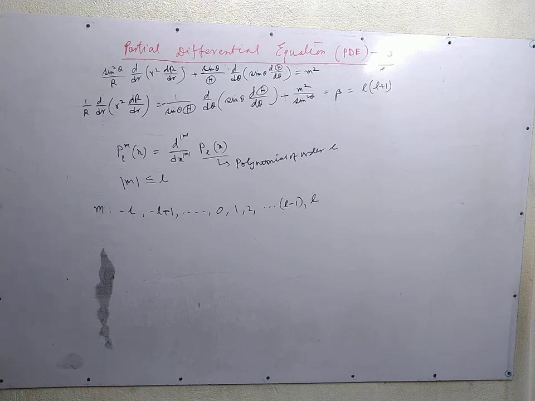Now we see that two of our known friends, that is the orbital angular quantum number and magnetic quantum number that were introduced in the vector atom model, have appeared to us from the property of the differential equation.